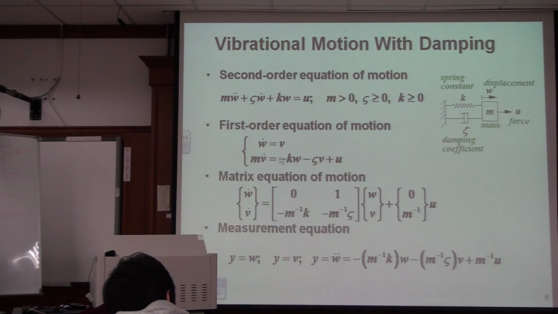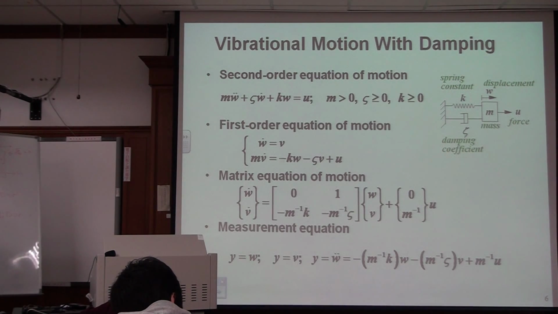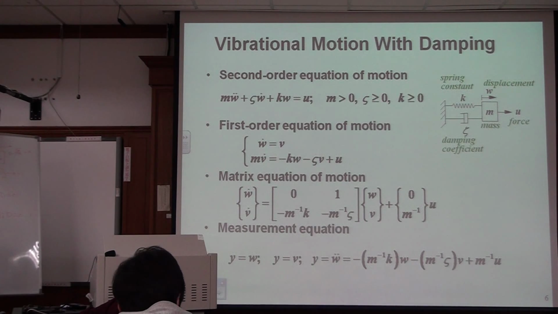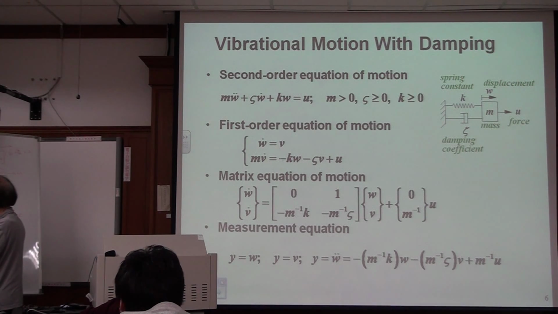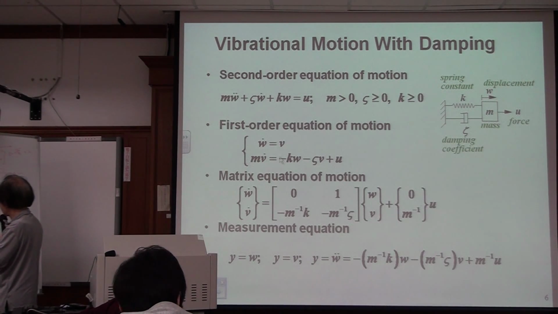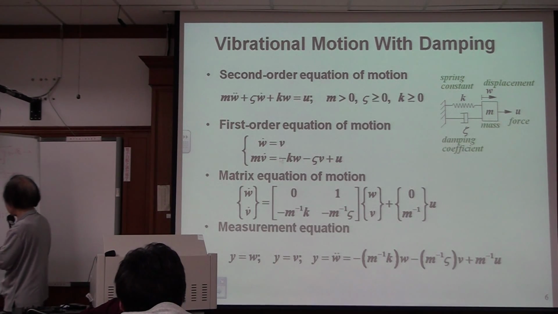Y equal to W double dot equal to minus M inverse K W minus M inverse zeta W dot plus M inverse U, that we can write in terms of minus K over M, minus zeta over M, then W, V, plus M inverse U, right?